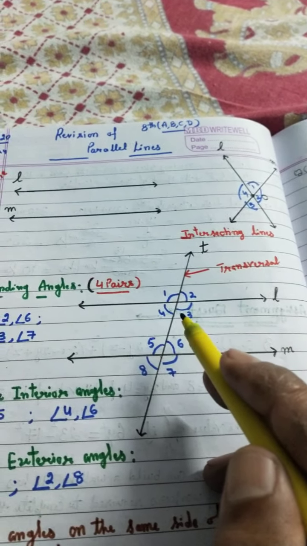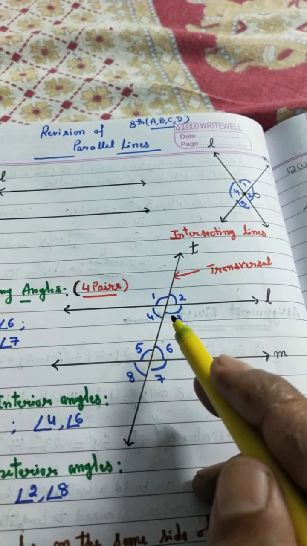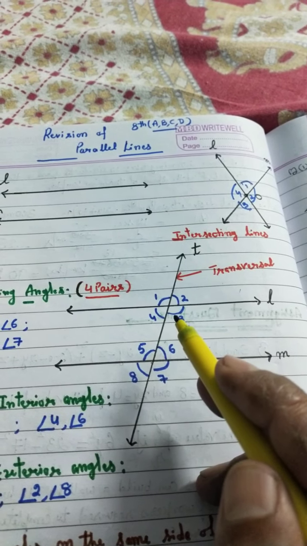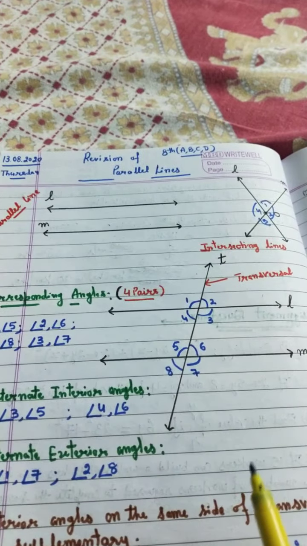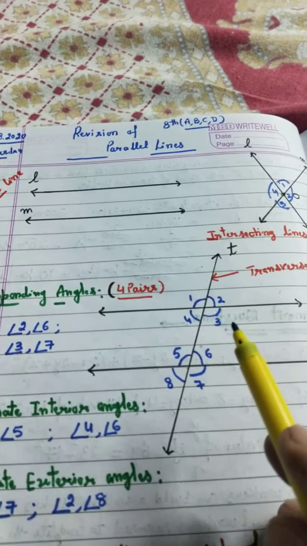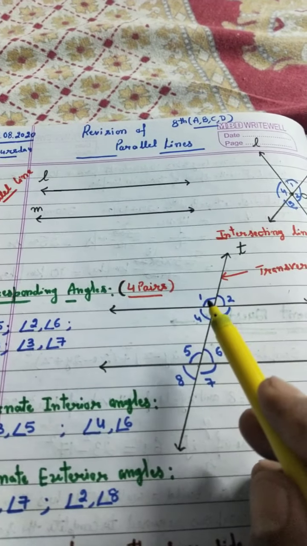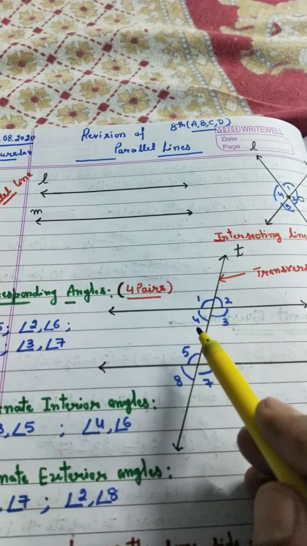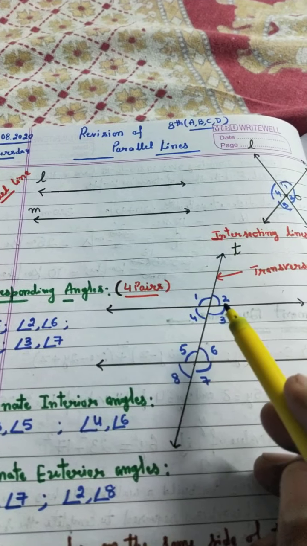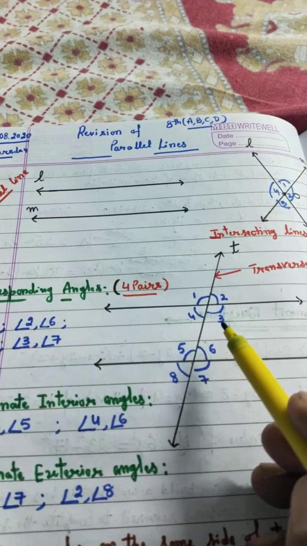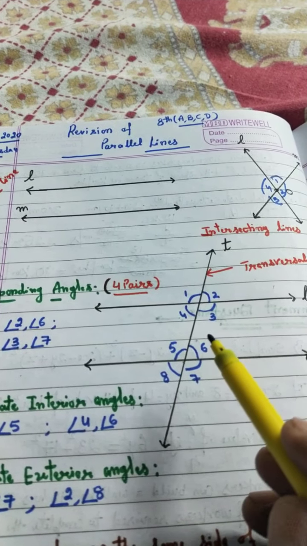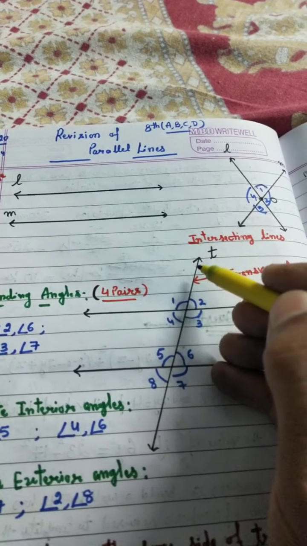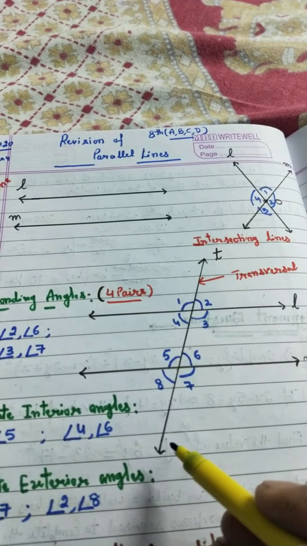Some are pairs of corresponding angles, some are pairs of alternate interior angles, some are pairs of alternate exterior angles, and some are angles on the same side of the transversal. There are 4 pairs of corresponding angles: angle 1, angle 5; angle 4, angle 8; angle 2, angle 6; angle 3, angle 7. In pairs of corresponding angles, they lie on the same side of the transversal.